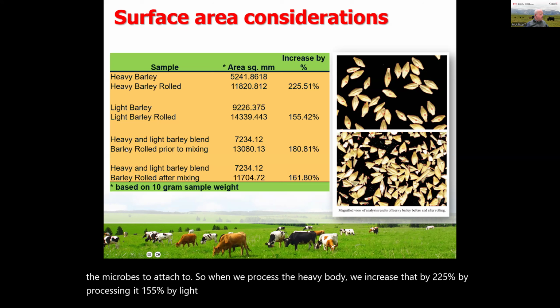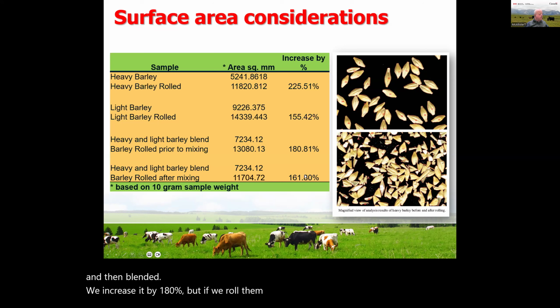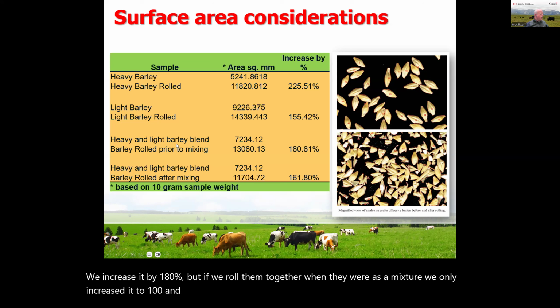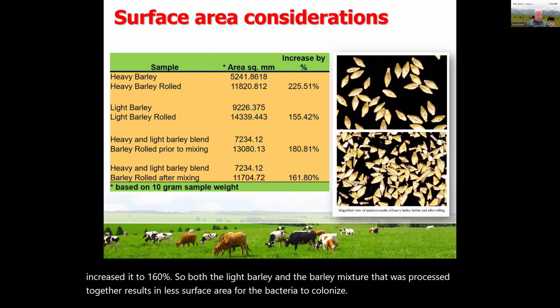If we treat the blend together, so that they're both rolled and then blended, we increase it by 180%. But if we rolled them together as a mixture, we only increased it to 160%. So both the light barley and the barley mixture that was processed together result in less surface area for the bacteria to colonize in the rumen to carry out digestion.